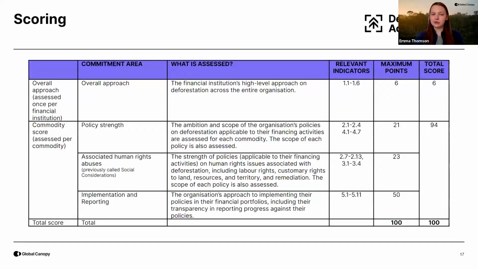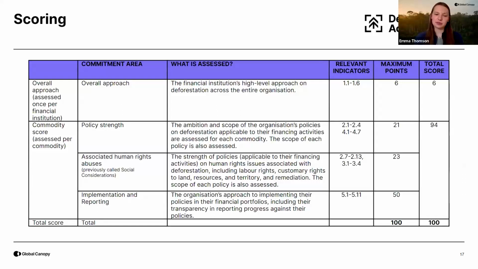And this is how those 4 sections come together to create the total assessment and also the score out of 100. So there's a lot of detail on this slide, so do not feel you need to read it all. But the overall approach section is worth 6 points out of the total 100 available. Policy strength is worth 21 points for each commodity.